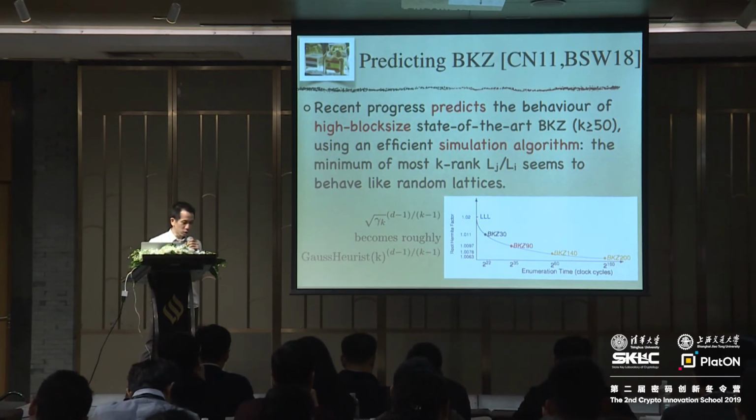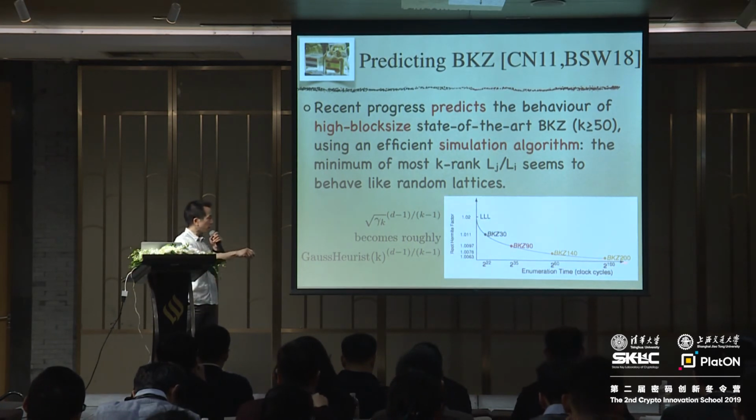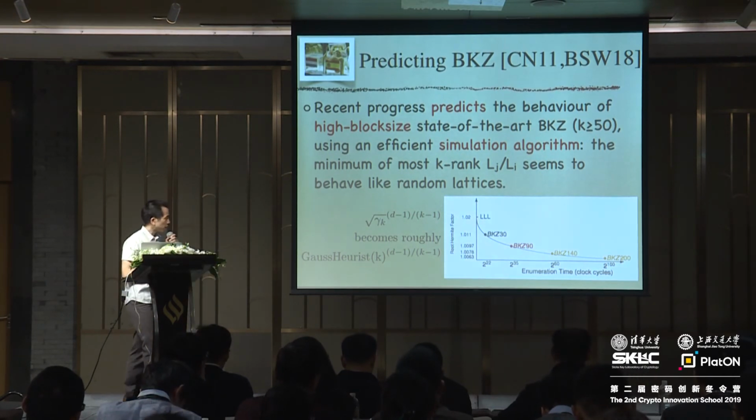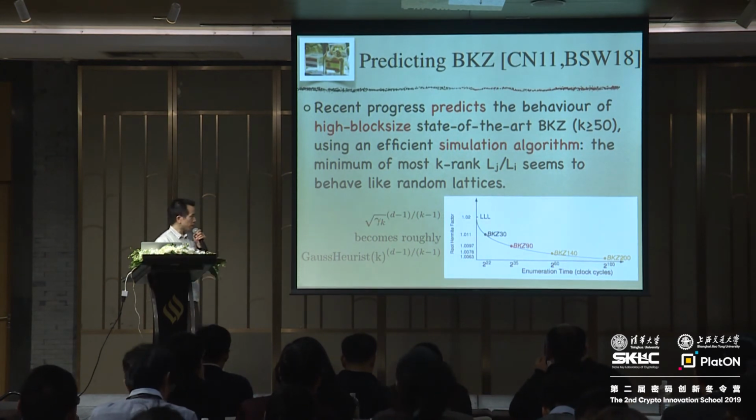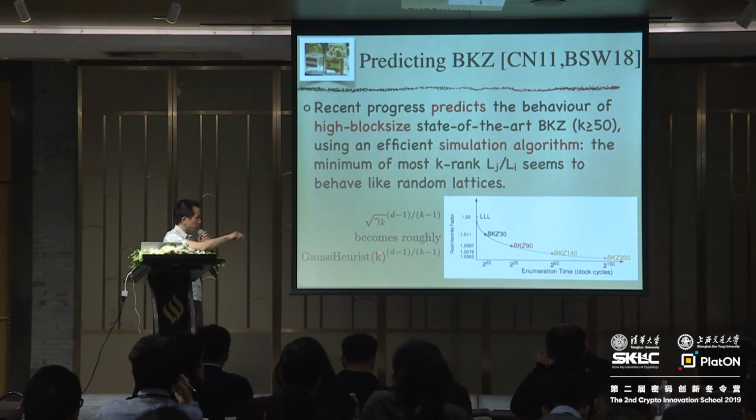So that allows you to guess what would happen if you were running BKZ with a very high block size, what kind of output you would get. Essentially what happens is that this Mordell's inequality is the same, except that you replace the Hermite constant with the Gaussian heuristic. That's it.